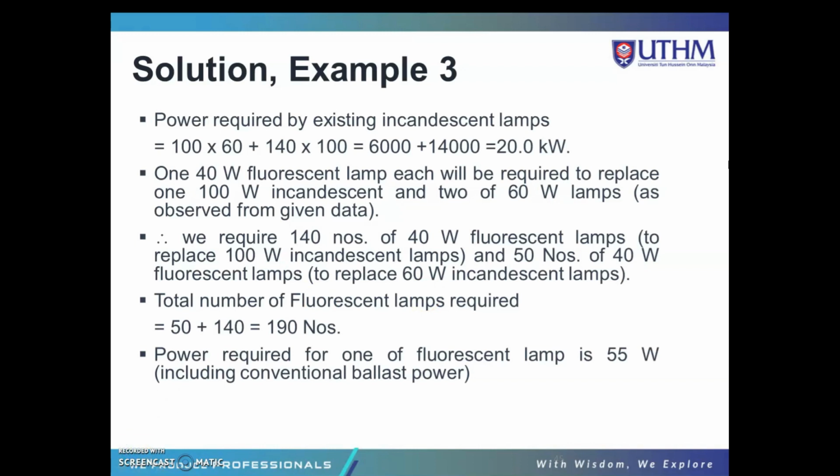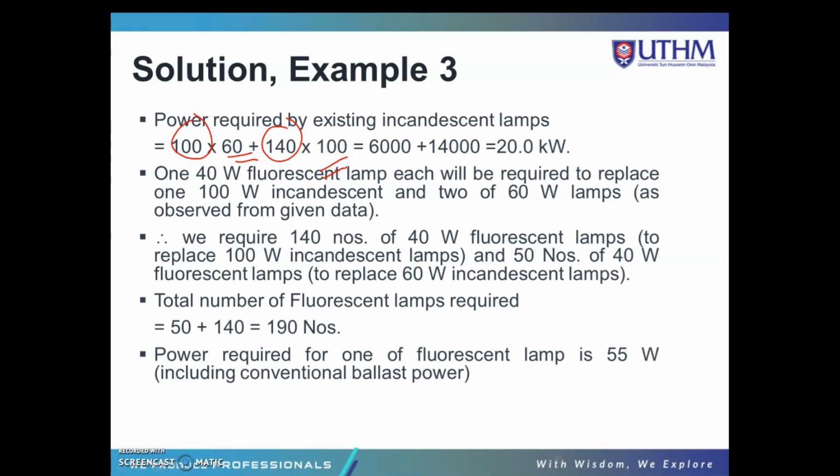First, we have to find the power required by the existing incandescent lamps. So that is 100, the quantity, times 60 watt, plus 140 numbers of lamps times 100 watt.